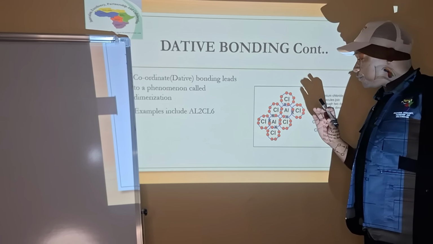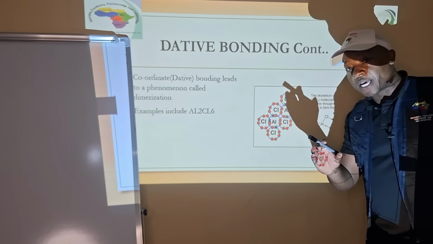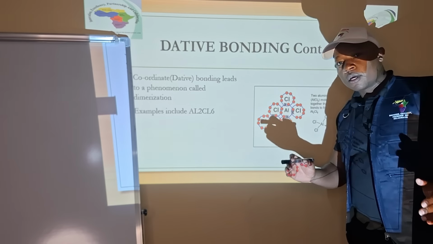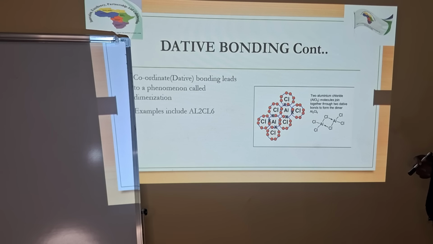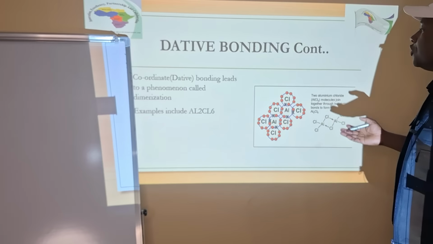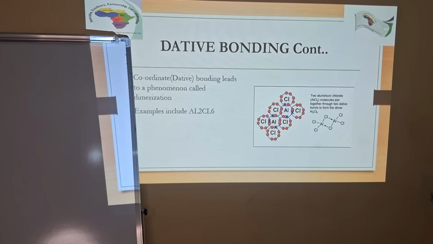And that structure of 2 molecules of aluminium chloride existing together is what we call a dimer. The process or phenomenon is called dimerization. So the dimerization of aluminium chloride is an important phenomenon which comes into being due to the effect of coordinate or dative bonding.